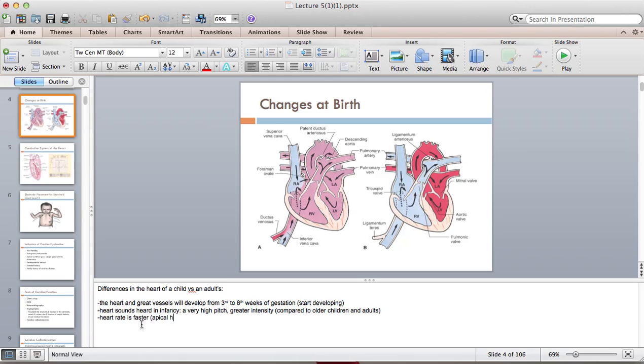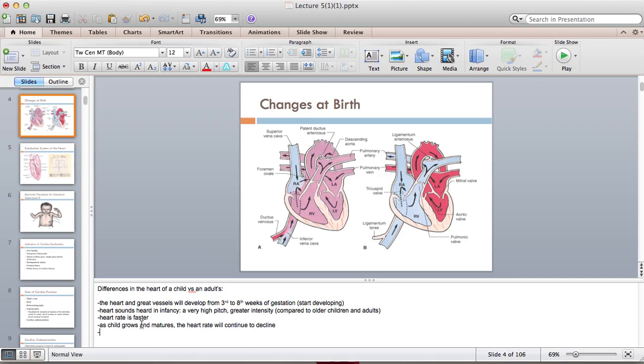You check the pulse rate, it's fast in comparison to that of older children and adults. So as the child grows and matures and gets older, the heart rate will continue to decline. It will start with a very high rate, and then continue to decline as the person reaches adulthood.